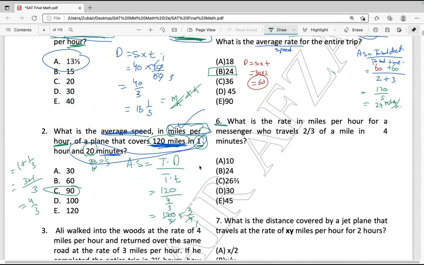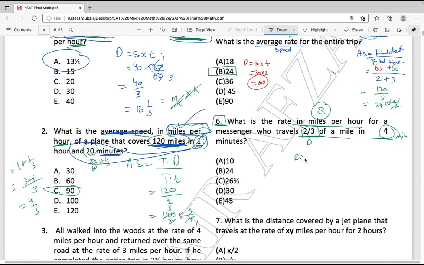Number 6, I'll introduce some tough questions as well in today's session. What is the rate in miles per hour? We're looking for speed for a messenger who travels 2 by 3 of a mile. This is distance, in 4 minutes. Now he's covering 2 by 3 of a mile in 4 minutes. But I need to know in miles per hour.